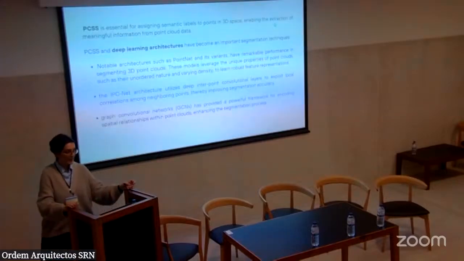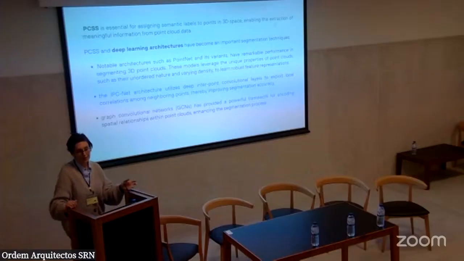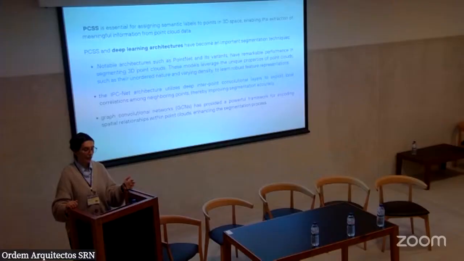PCSS is essential for assigning semantic labels to points in 3D space, enabling the extraction of meaningful information from the point cloud data. It is using mainly deep learning architecture that has become an important segmentation technique.